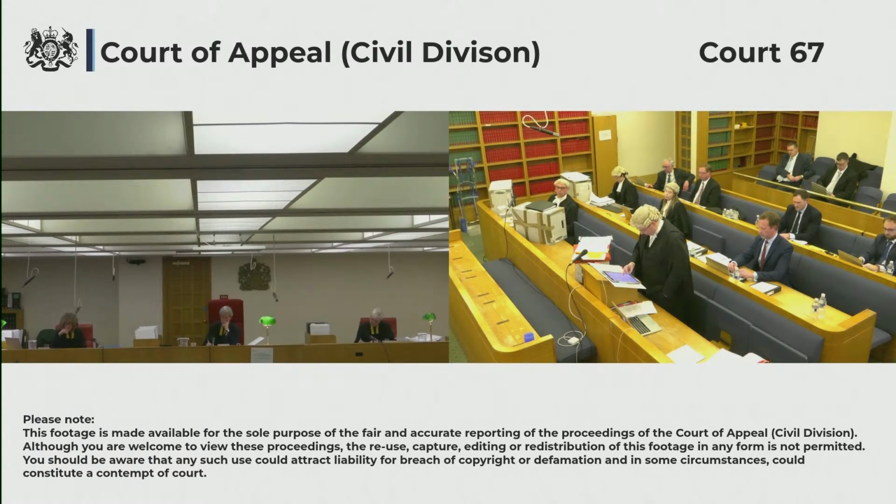Point 2, and here I probably do need to ask the court just to turn up Lady Justice Arden's judgment. It's in Authorities tab 23, which is volume 1. And it's paragraph 110. And that's Lady Justice Arden addressing the principle of legal certainty.